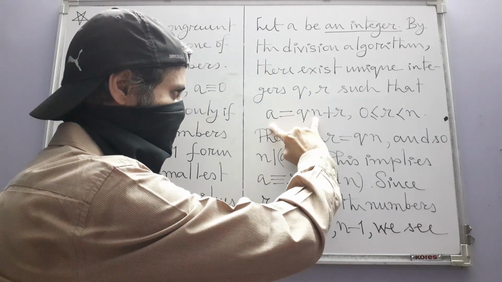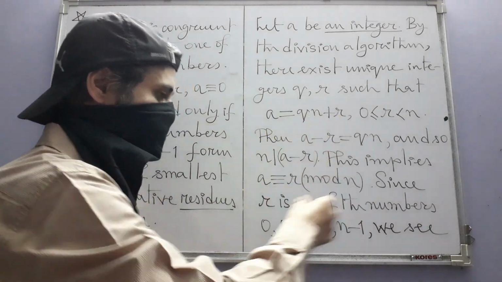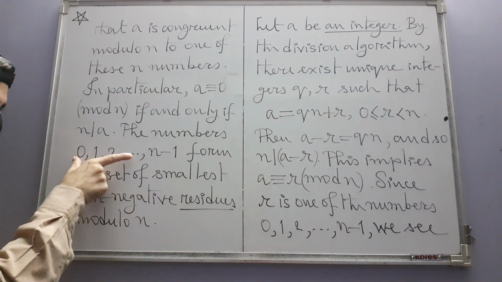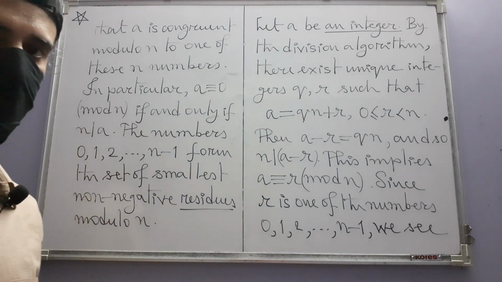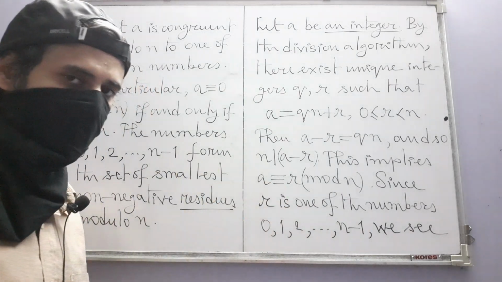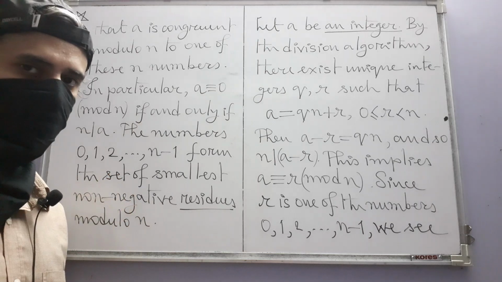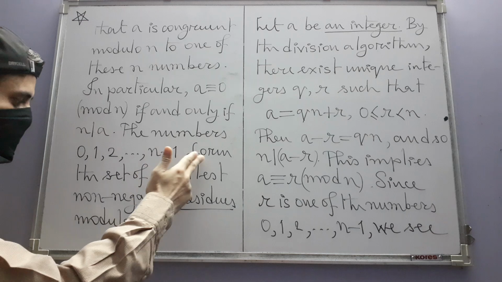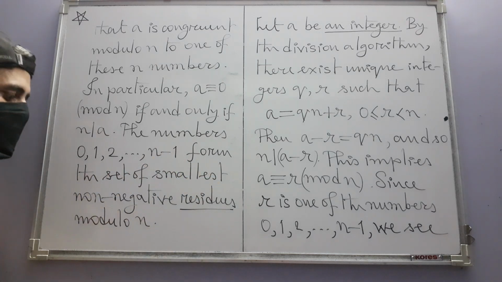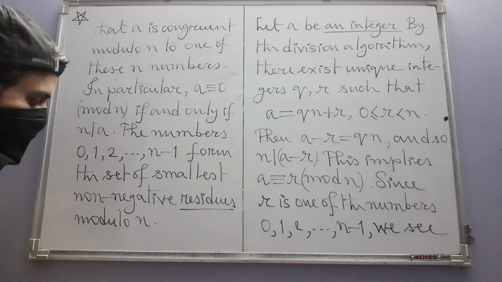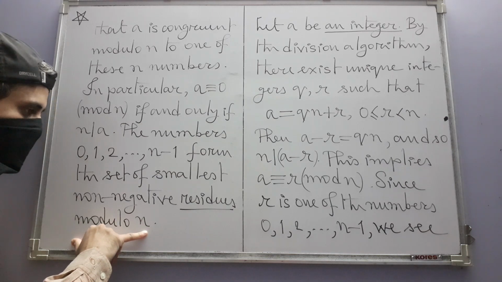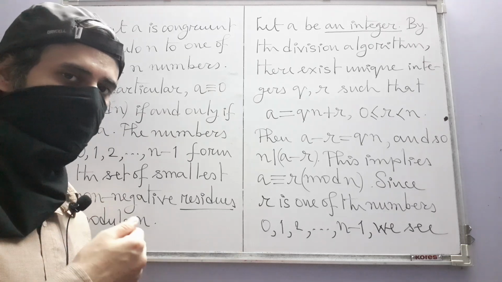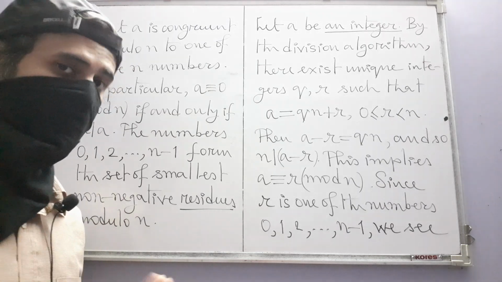So in that process, there is a leftover. That is your residue. And these are the smallest non-negative residues. Non-negative, of course, because these are all non-negative. And smallest. Okay, smallest non-negative residue. Or in other words, they are said to form the set of smallest non-negative residues modulo n. Don't forget to mention this modulo n. Otherwise, if you do not mention this, it should be understood that in the background there is a modulus, and that is fixed.